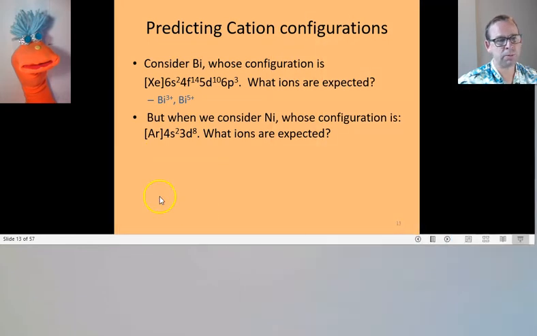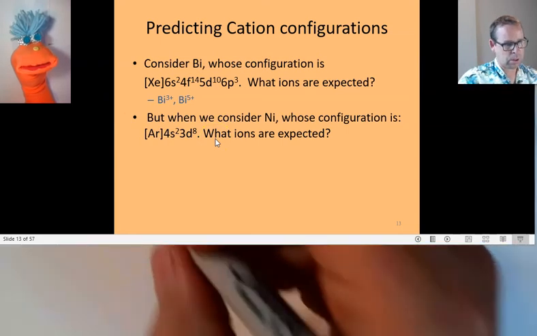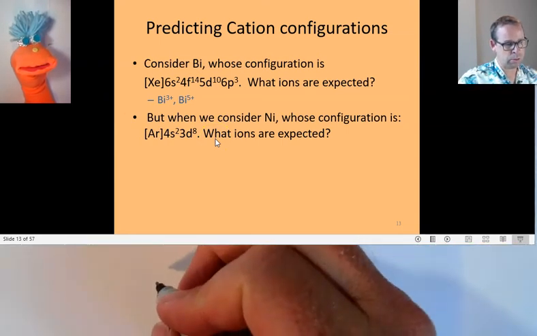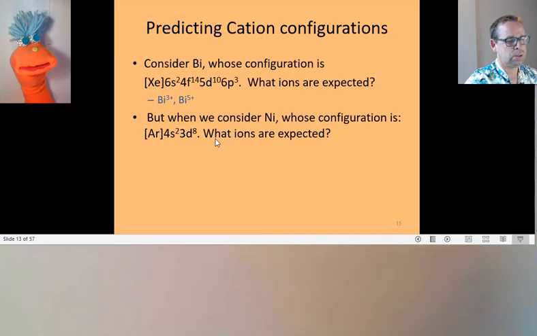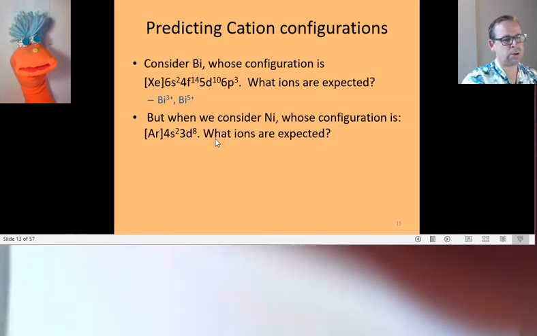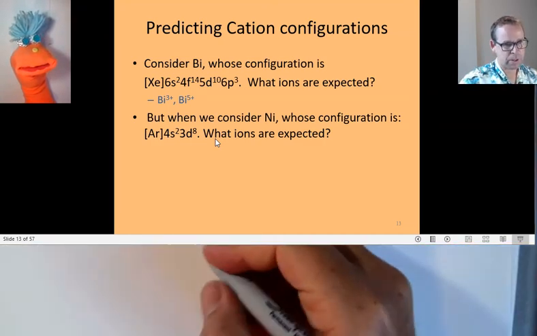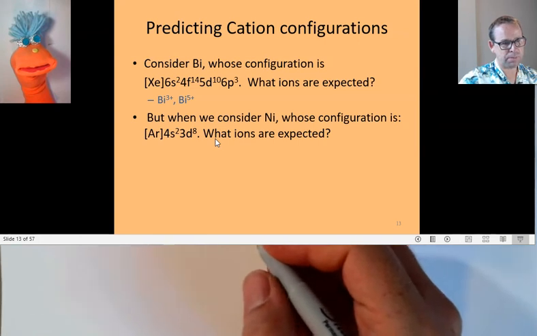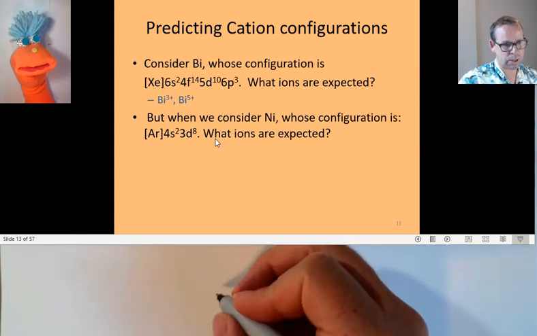Now we have the electron configuration in front of us here, so it shouldn't be too hard. And we'll use the noble gas electron configuration so that we don't have to draw any extra, the noble gas core.